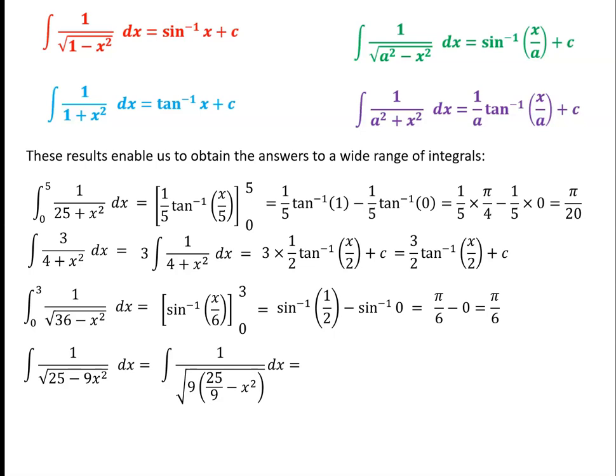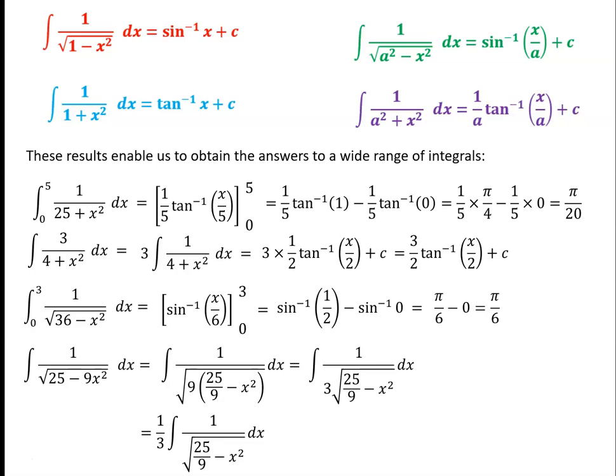I can pull the 9 out of the square root, which now gives me 1 over 3 times the square root of 25 over 9 minus x squared. In other words, I've got 1/3 of the integral of 1 over root 25 over 9 minus x squared. Now that is just like the second integral at the top of the page, where a equals 5 upon 3.